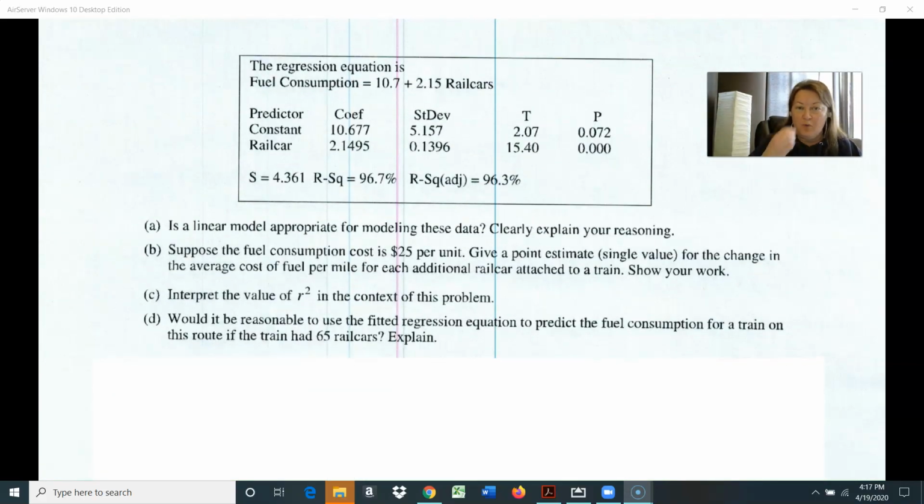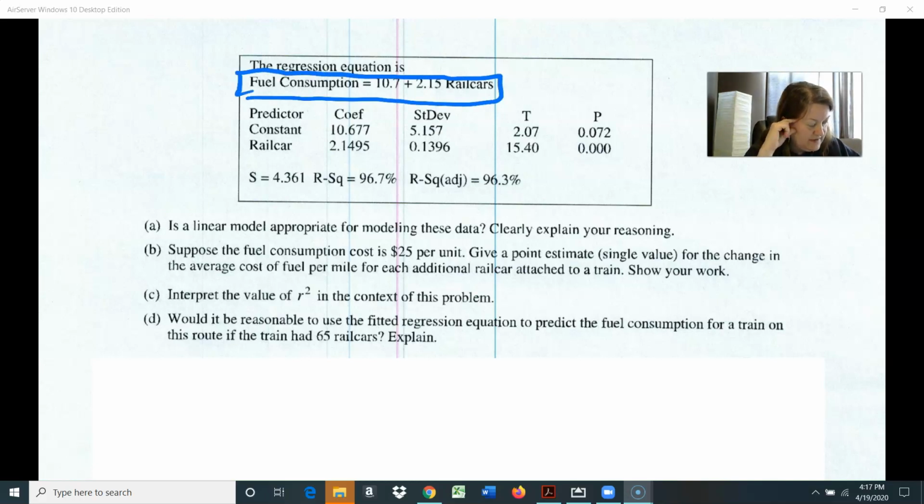Once again, more likely in 2020 is that they're just going to give us the actual equation. Up here they've already given us our equation. So this would basically be 10.7 plus 2.15x, some version of that.